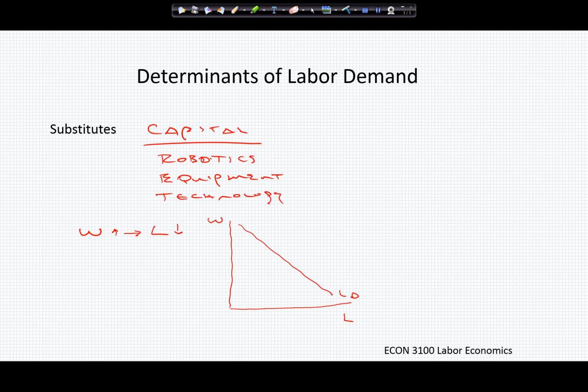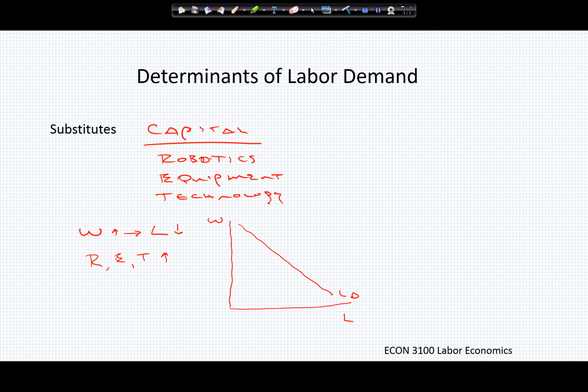So we might have an increased demand in robotics or equipment. So when labor shifts downward, then the demand for robotics or other equipment or maybe some technology would rise to make up for it. So the presence of these substitutes will affect the labor market.